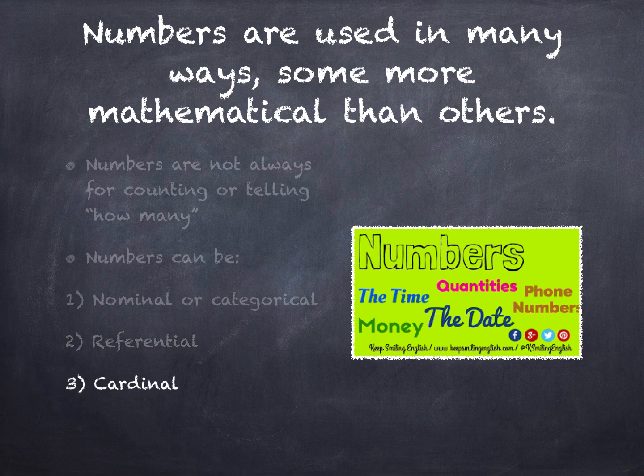In contrast to nominal or referential numbers, cardinal and ordinal numbers are building blocks for number sense and are essential for mathematical thinking. Cardinal numbers provide the answer to the question how many and how much.